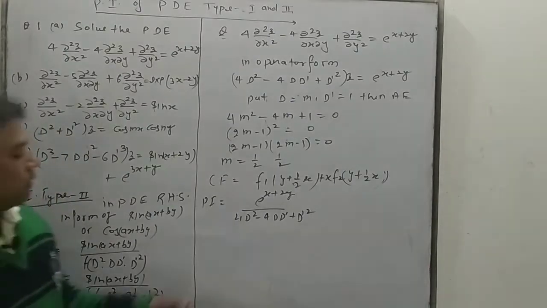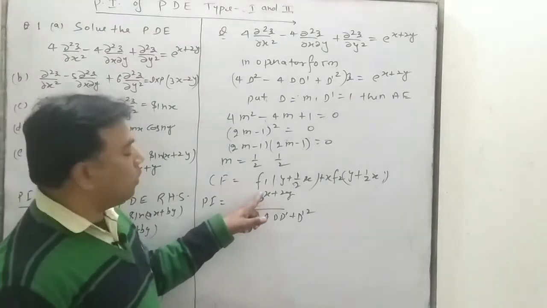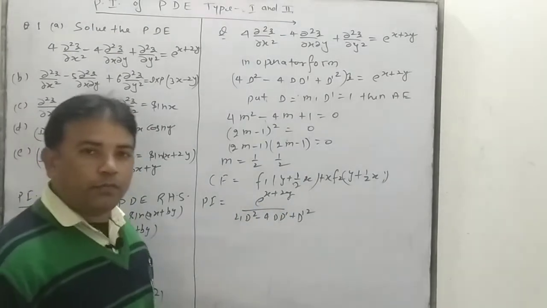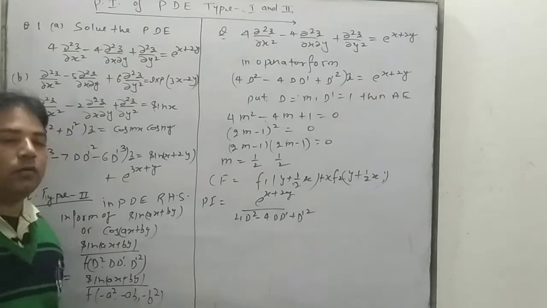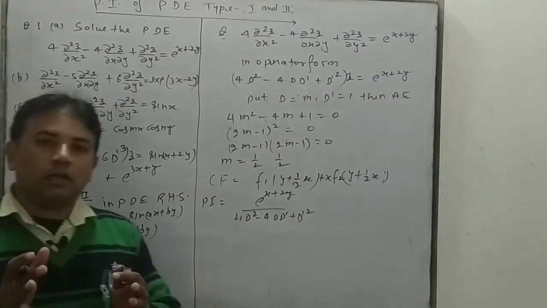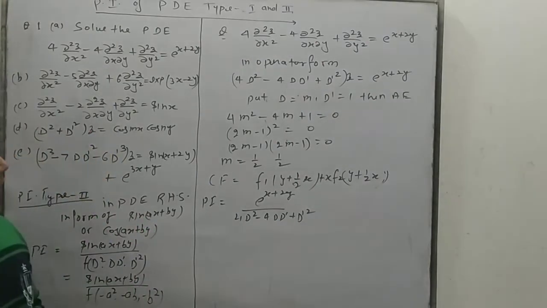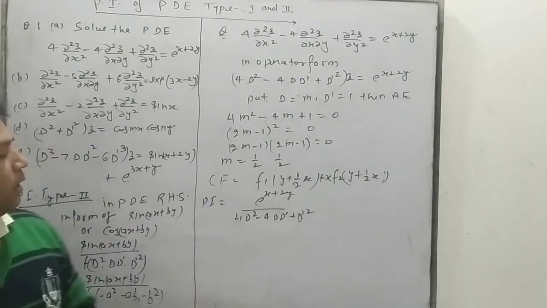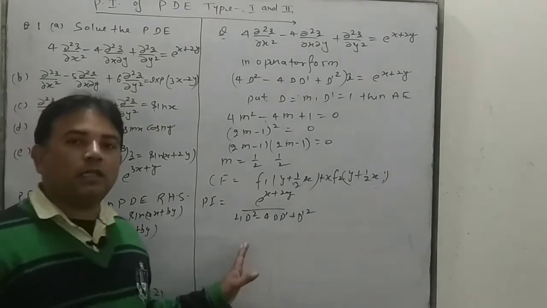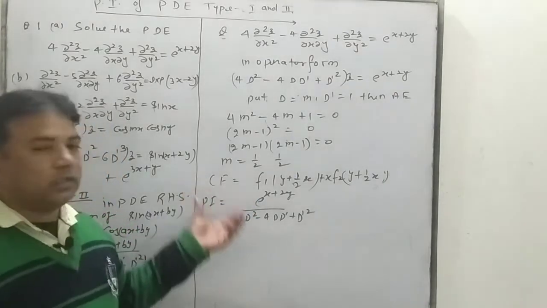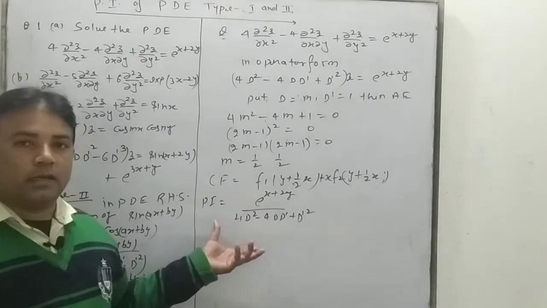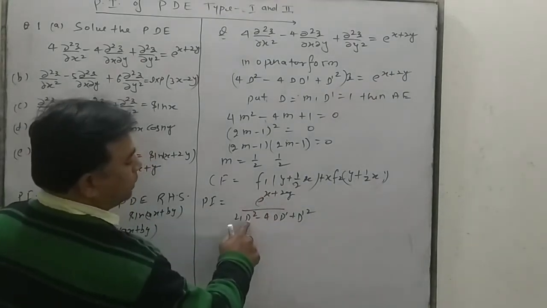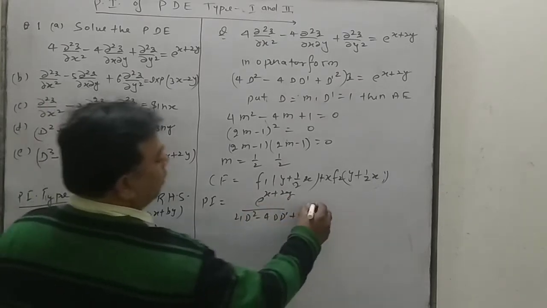We put the coefficient of x in place of D and the coefficient of y in place of D dash. We discussed in the previous video how to find the first type PI of the partial differential equation. I request you, if you have not seen my previous video, please see it, and after that you will understand this video better.